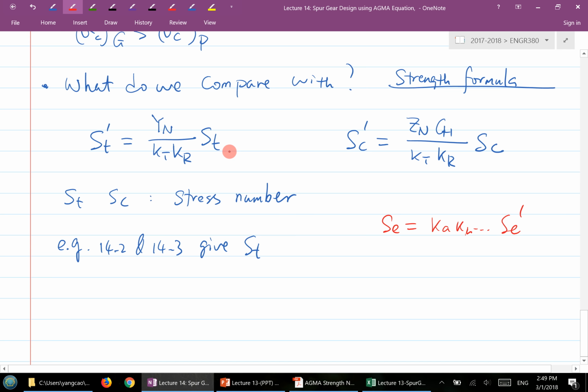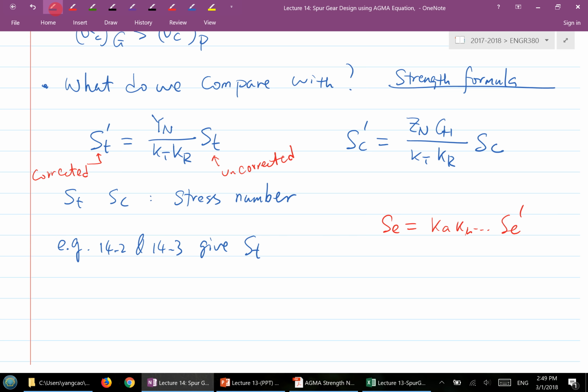So don't get confused in terms of symbol. This is basically the difference: you can call this side uncorrected, and you can call this side the corrected. So that's the difference.